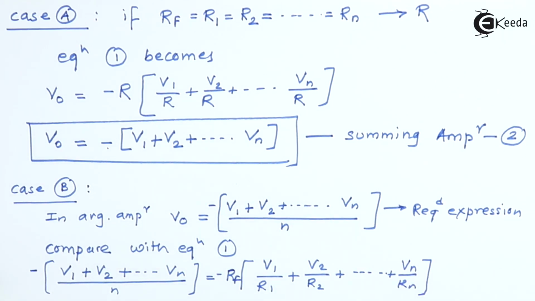One thing is very clear, that the values of R1, R2 up to Rn should have the same value, right? If we get that same value, then and only then the denominator will be same, right?